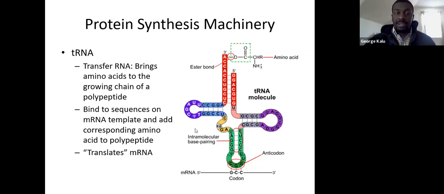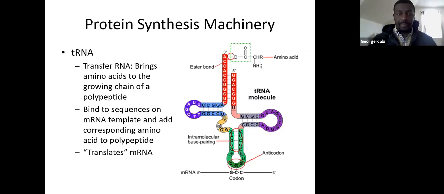But essentially, what transfer RNA is going to be doing is translating the mRNA into an amino acid sequence, to help us know what amino acids to bring at any point in time. We'll look at how this works in a little more detail going forward. So if it doesn't make sense now, don't worry about it. It'll make sense in a bit.